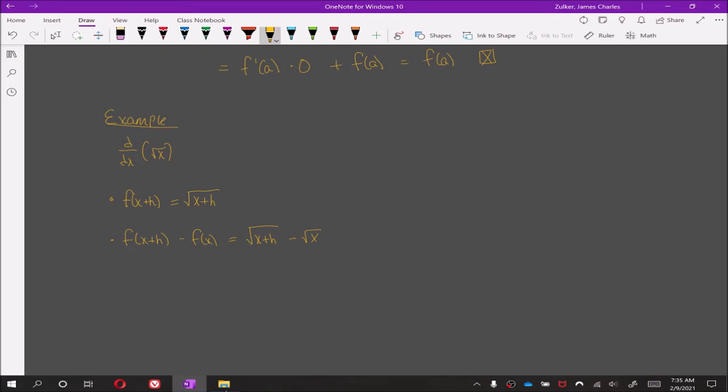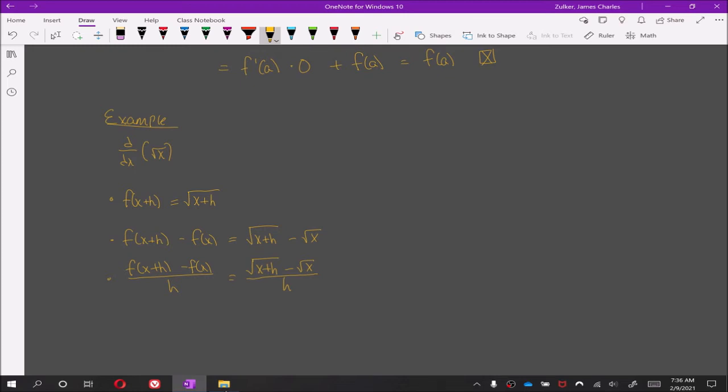Well, this is already fully simplified, so we move on. Take what we just found and divide out by h. If at all possible, we want to get rid of that h in the denominator.